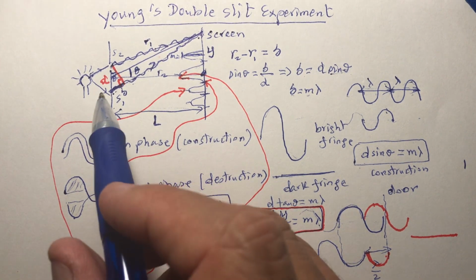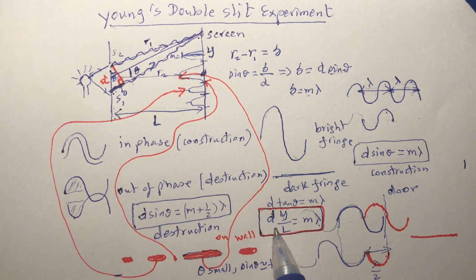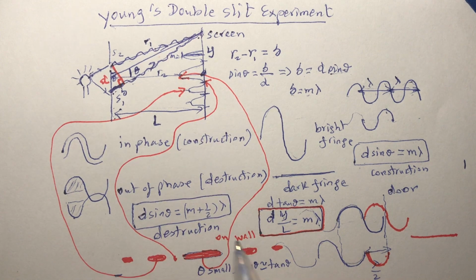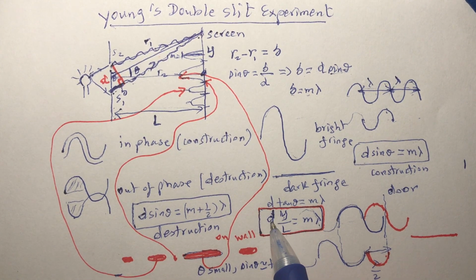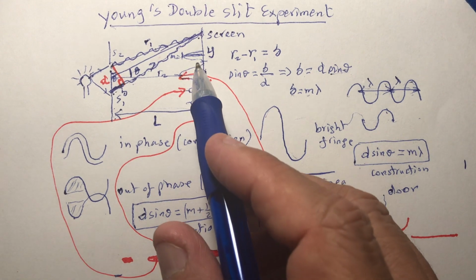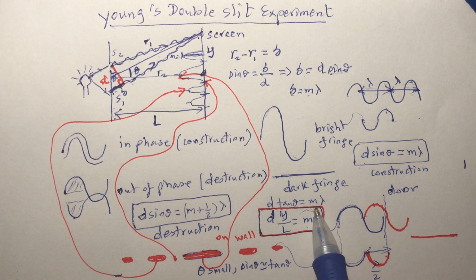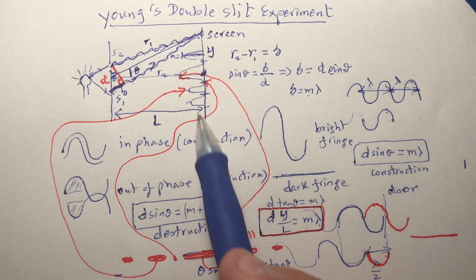This d is the distance between the two slits, which you know already. This L is the distance between the screen and the two slits. L is known, y is known, d is known, m is 1 for the first fringe. So m is 1, and then you can find lambda, the wavelength of that beam, or of that ray. So this equation here is useful, and it comes from the interference of light.